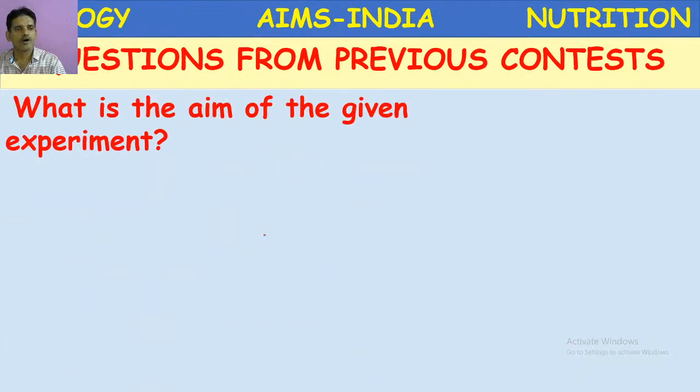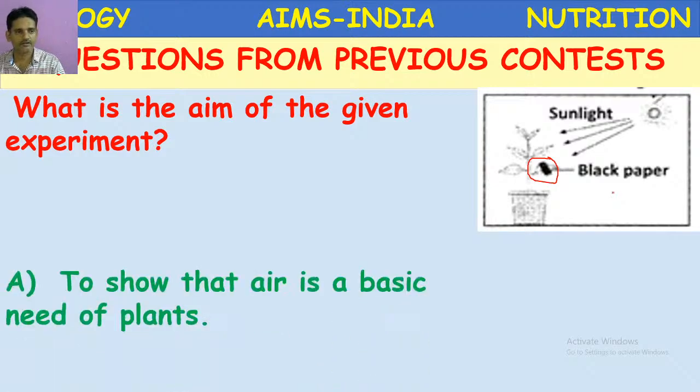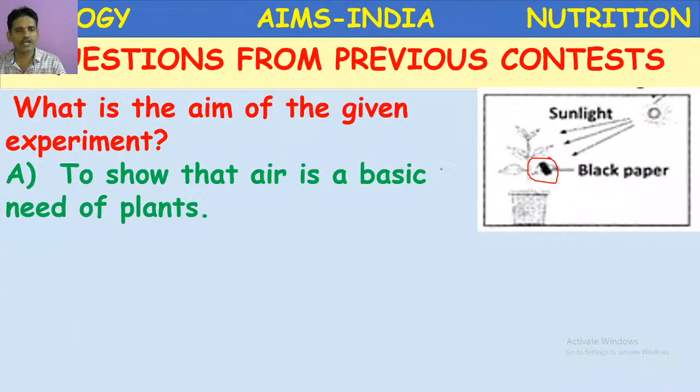Next, what is the aim of the given experiment here? See the experiment here. Sunlight is there and a potted plant is covered with black paper and placed in the sunlight. To show that air is a basic need for plants.